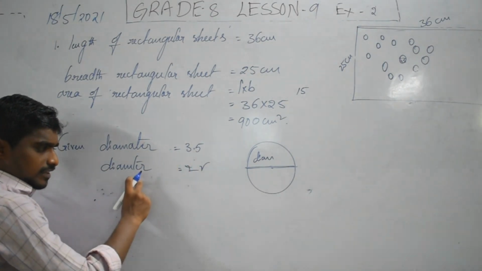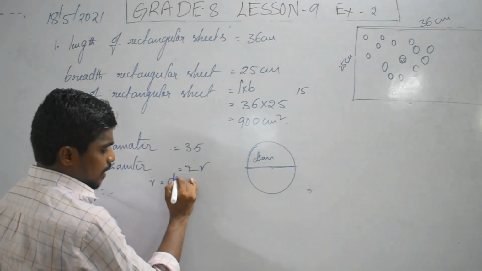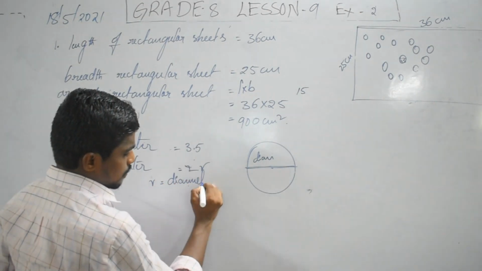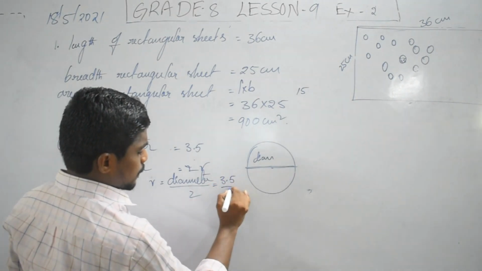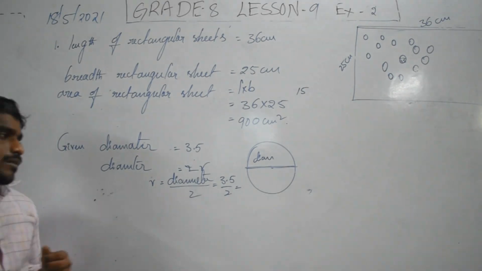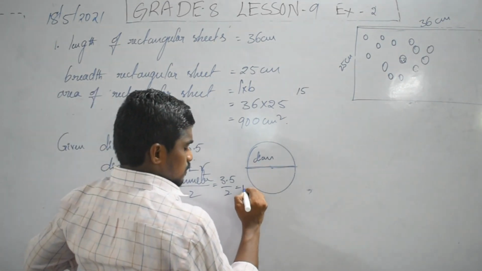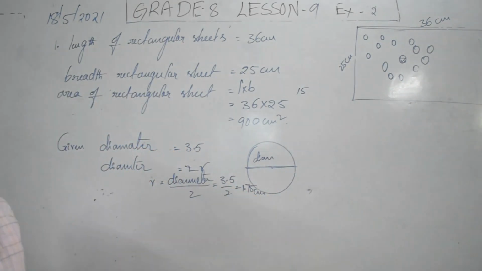Now 2 moving this side, r equals diameter by 2. So 3.5 by 2, how much?